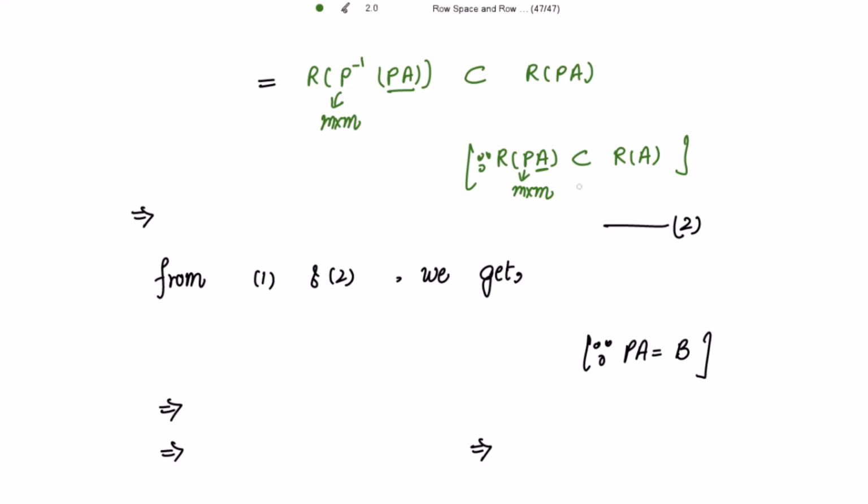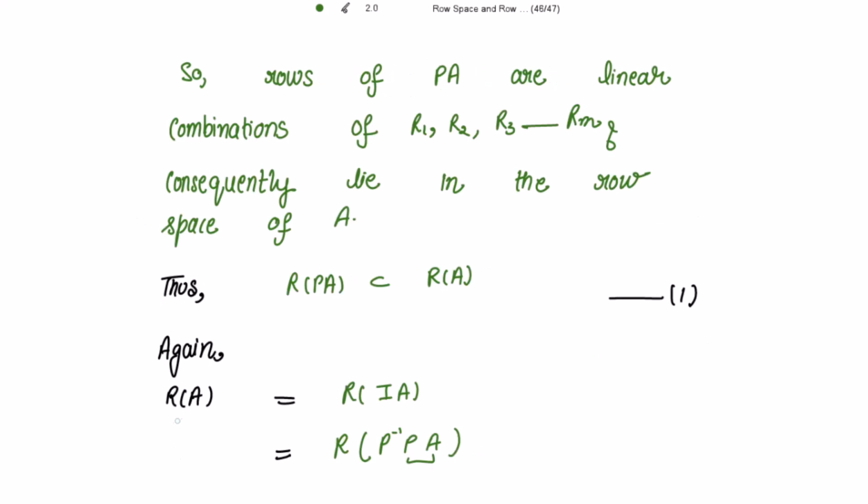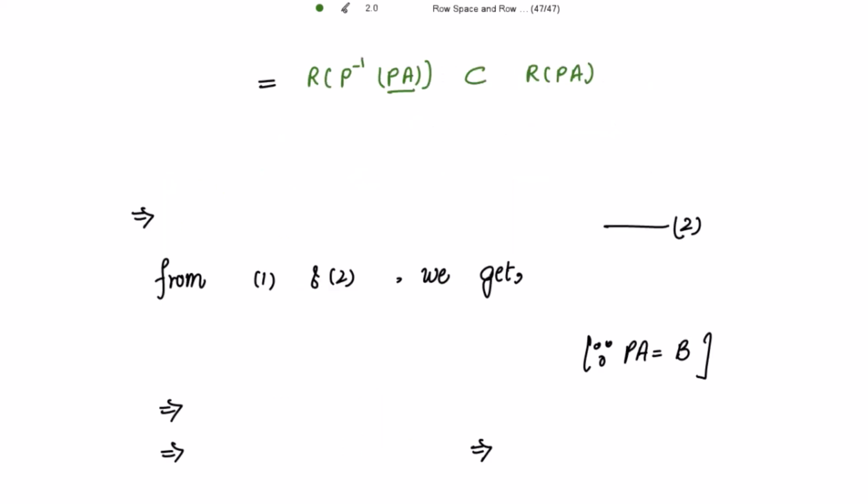So by this result I can say that if row space of PA is a subset of row space of A, then row space of P inverse PA is a subset of row space of PA. So this first result has been used over here. So this implies, what is the left hand side? Row space of A. So row space of A is a subset of row space of PA. Please mark this as 2.